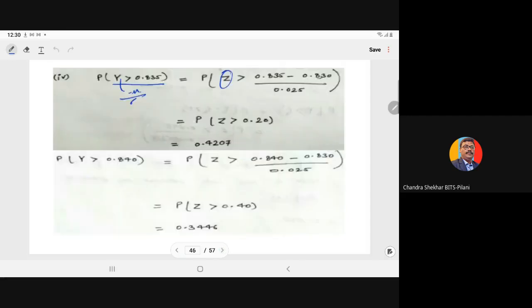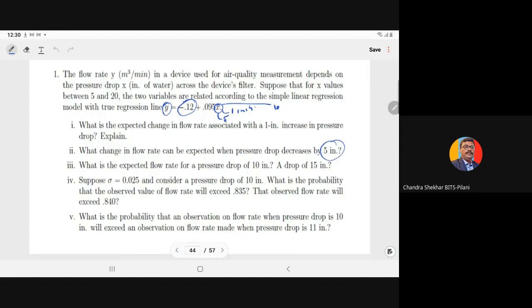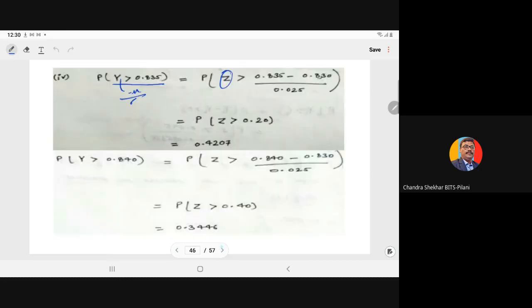So here we have 0.835 minus 0.830, and the standard deviation is given to you as 0.025. On solving it will come 0.20. So probability of z greater than 0.20, from the table its value will be 0.4207. So that will be the required probability.